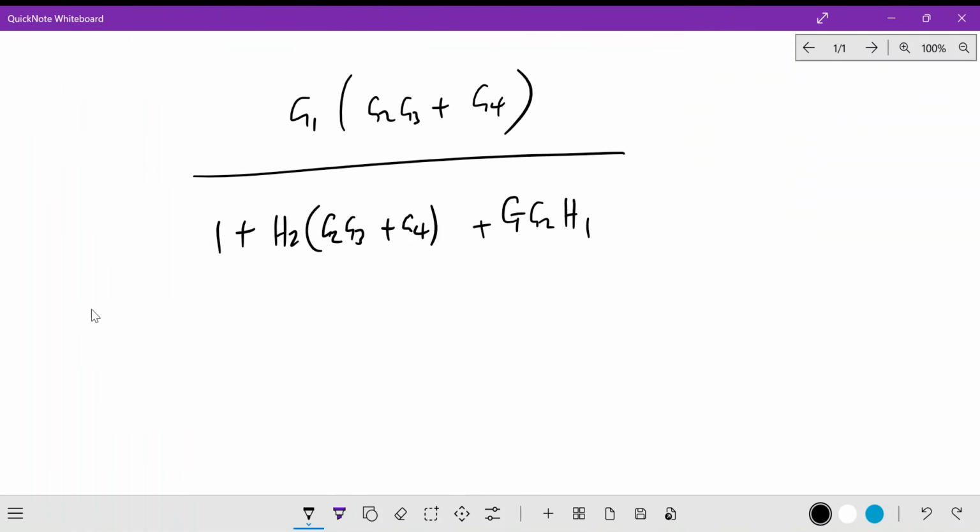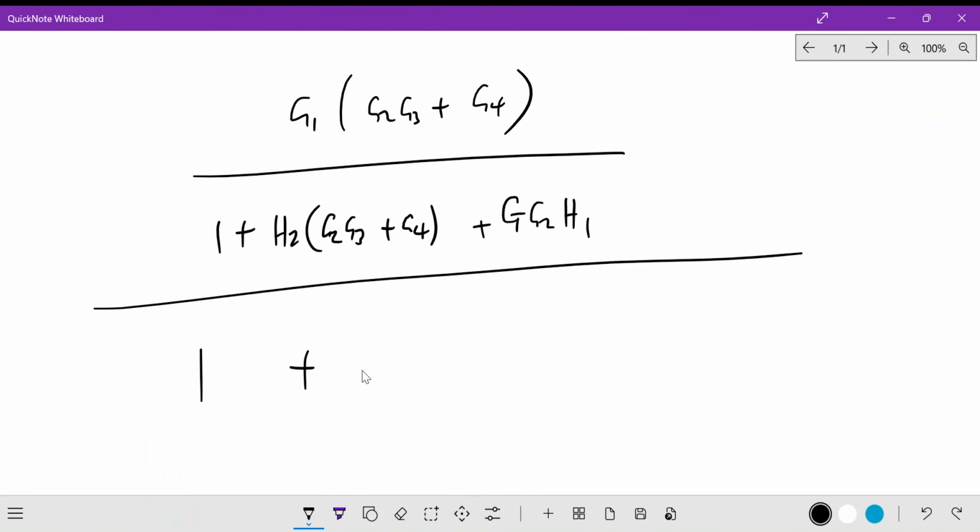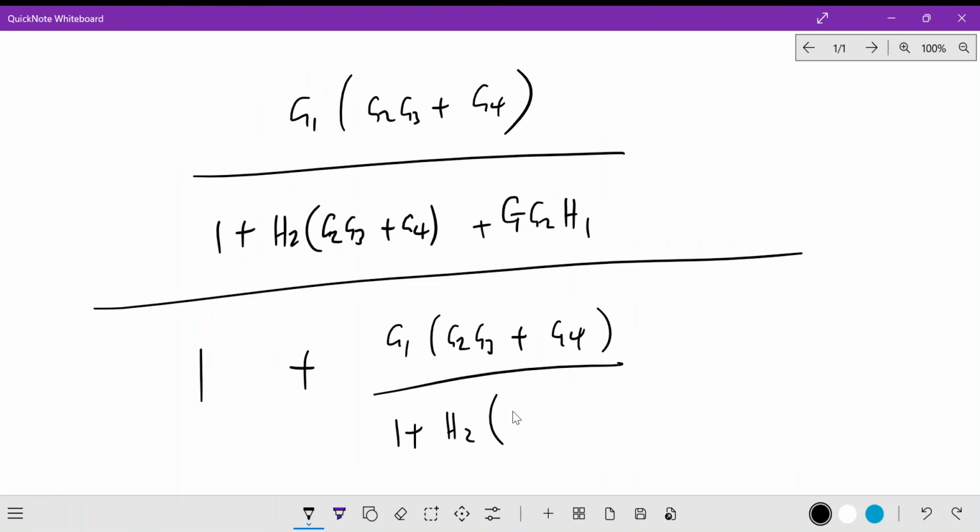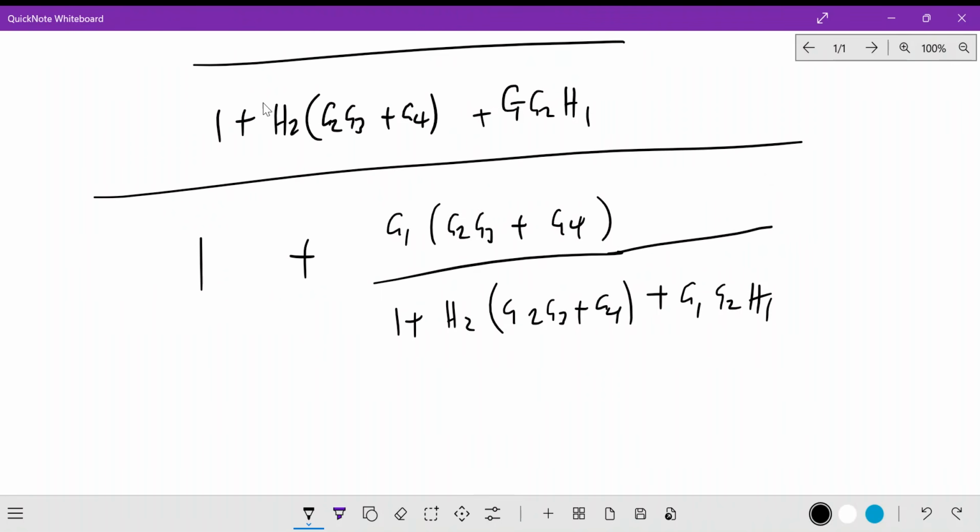And then you divide this by 1 plus the same thing: G1 G2 (G3 plus G4) over 1 plus H2 multiplied by G2 (G3 plus G4) plus G1 G2 H1. If you notice here now, you can multiply both on top and down by this denominator, isn't it?